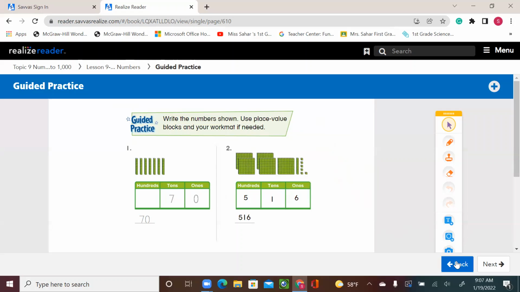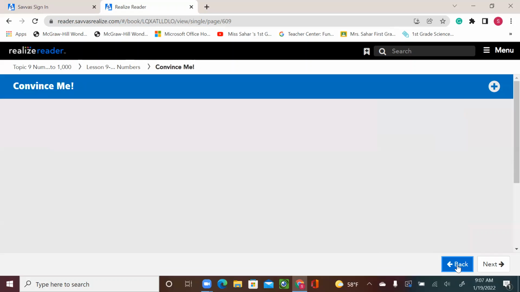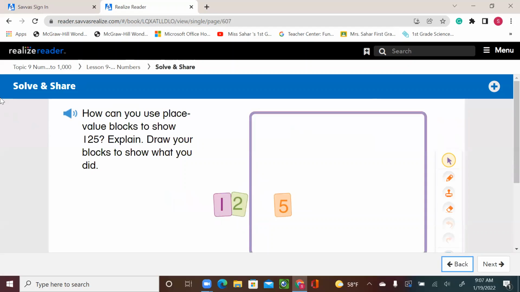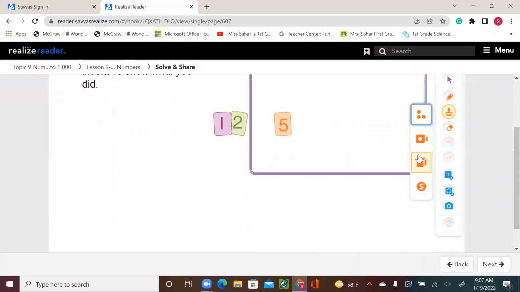Okay, let's go to the first exercise. How can you use place value blocks to show 125? Explain. Draw your blocks to show what you did. So now we know how to arrange. We're going to start with the 100, the 10s, and the 5 ones. All right, so I see 100.